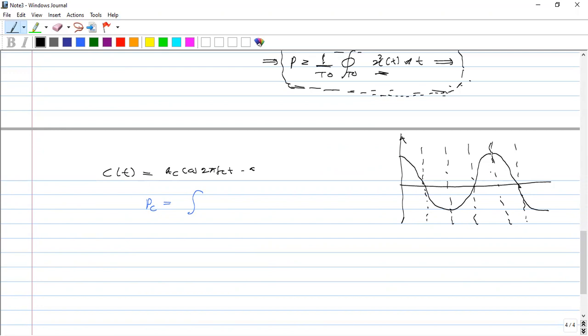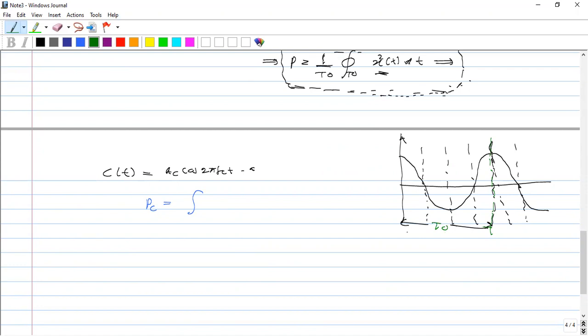So this is a cosine signal. If we consider this, this is the period of the signal, from here to here. This is one cycle.